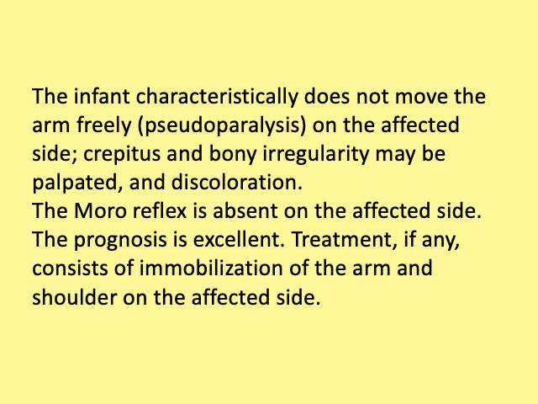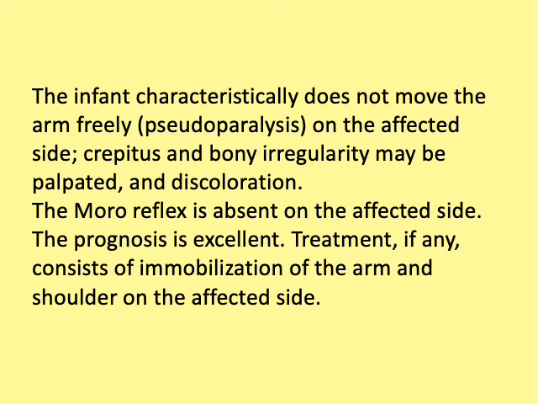Number two, there might be crepitus over the bone with irregularity, which could be palpated, and maybe discoloration. The Moro reflex on the affected side is absent, and the prognosis is usually excellent, and treatment, if any, consists of immobilization of the arm and the shoulder on the affected side because it is painful.